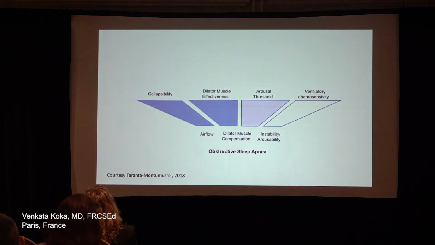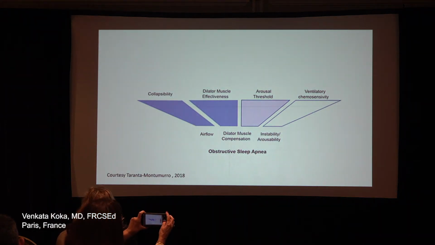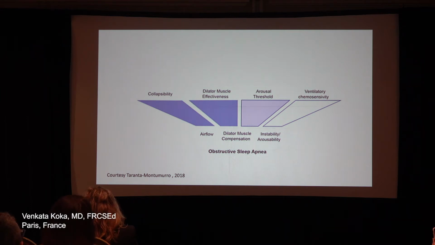Now we see that there are some non-anatomical factors here. I use the term impaired anatomy, sometimes I call it collapsibility. Please understand, this impaired anatomy is necessary to drive the pathogenesis of OSA. If there is impaired anatomy, there is obstruction to the airflow.